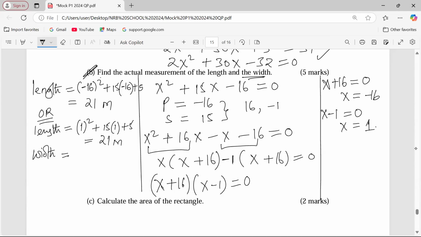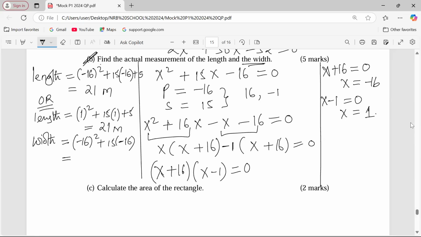The expression for width is x squared plus 15x. With negative 16, the value of the width is negative 16 squared plus 15 into negative 16. This is giving us exactly 16 meters.